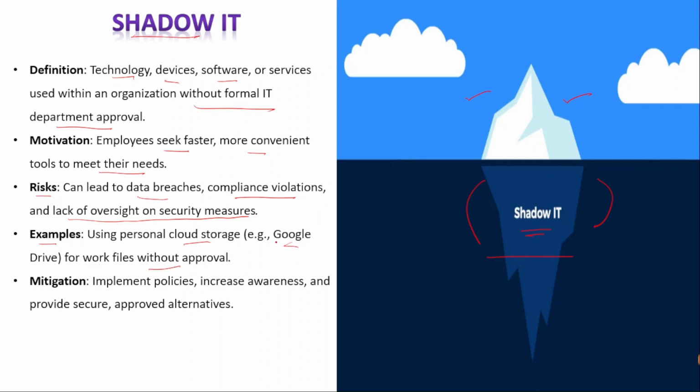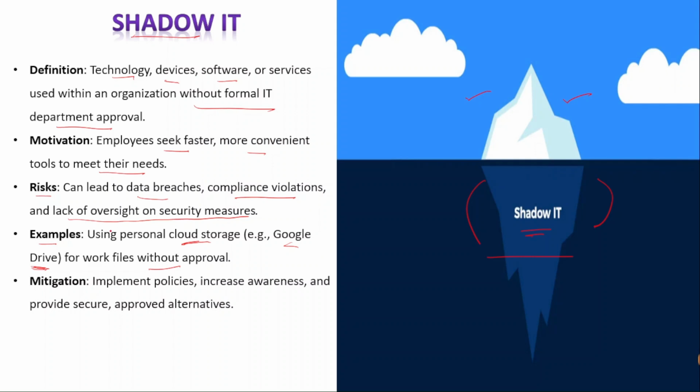So if you store your work files in Google Drive, maybe there is confidential or sensitive data inside these files, and storing them in Google Drive, which is not a safe place to store this data, is very dangerous to the organization if these files are exposed.